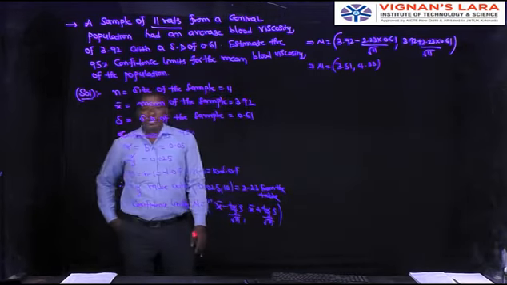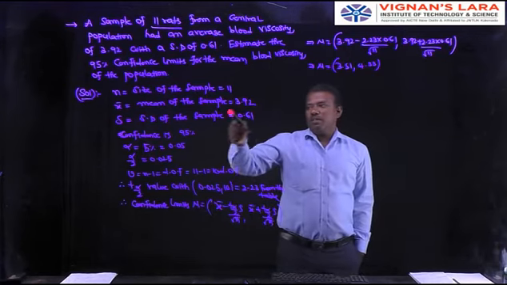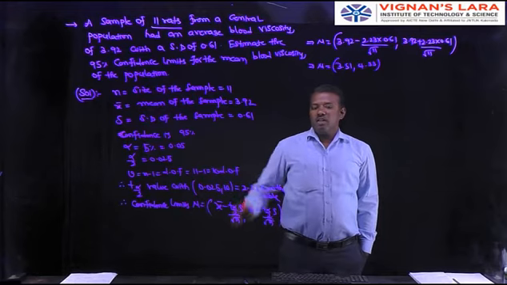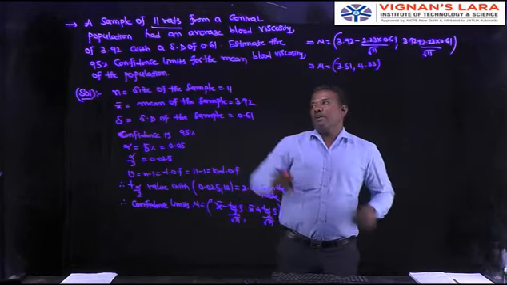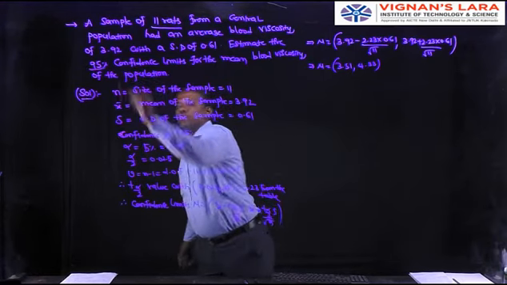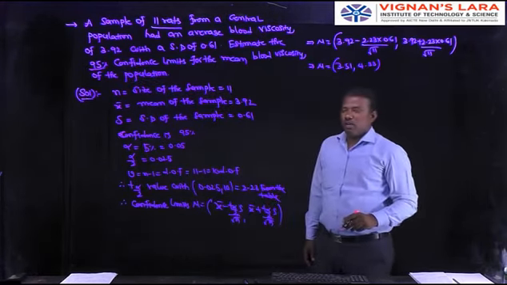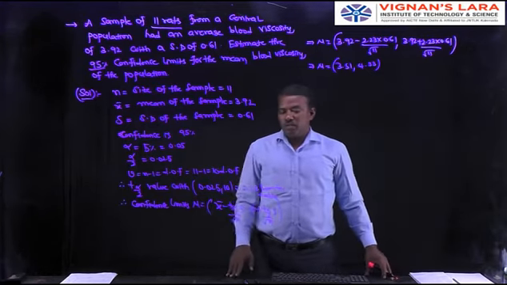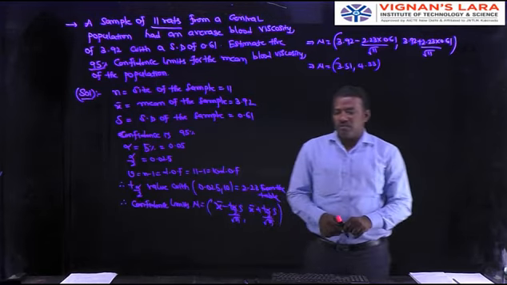Once again, here n, the size of the sample, is 11. X bar, the mean of the sample, is 3.92. S, the standard deviation of the sample, is 0.61. Confidence is 95%, so alpha, the remaining 5%, is 0.05. Alpha by 2 is 0.025. We have n minus 1, that is 11 minus 1, 10 degrees of freedom.